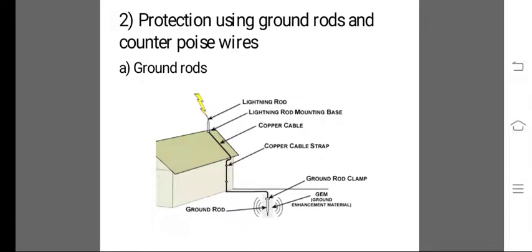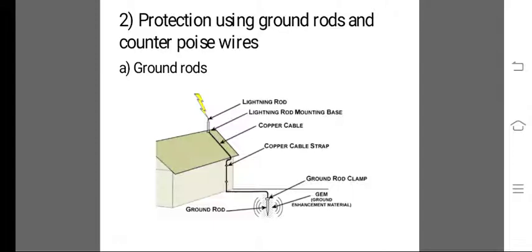The second one is protection using ground rods and counterpoise wire. The ground rods are a number of rods about 15 millimeter diameter and 2.5 to 3 meter long, driven into ground. In hot soils, the rod may be longer and can be driven to a depth of 50 meter.